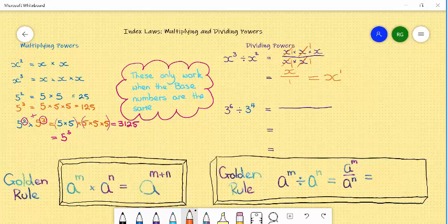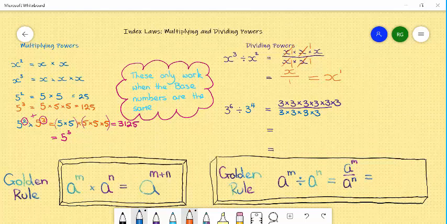I'm going to now do the example below, and I've probably made this a little bit tricky for myself, but I've gone 3 to the power of 6 divided by 3 to the power of 4. So that simply means 3 times 3 times 3, 6 times, divided by 3 times 3, 4 of them.